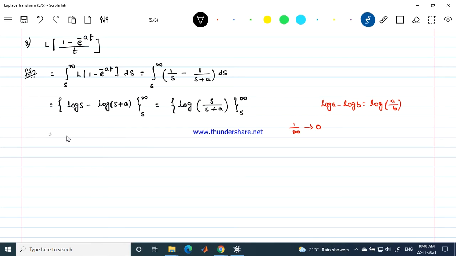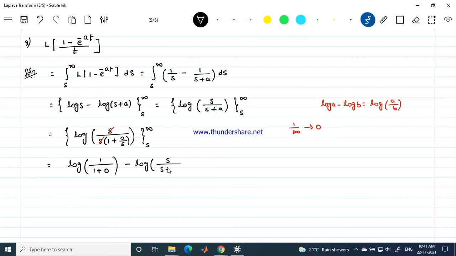But we know 1 by infinity tends to 0. To make use of it, I will rewrite this expression as log of s upon, taking the highest power of s common here, that is s taken out, 1 plus a by s, between the limits s and infinity. Here this s and s will get cancelled. So for the upper limit, it is log of 1 upon 1 plus 0, minus log of, taking the LCM and simplifying, log of s upon s plus a again.